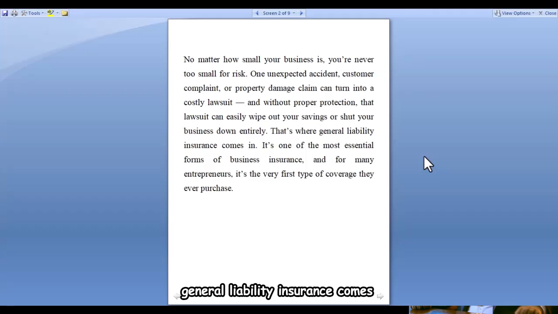That's where general liability insurance comes in. It's one of the most essential forms of business insurance, and for many entrepreneurs, it's the very first type of coverage they ever purchase.